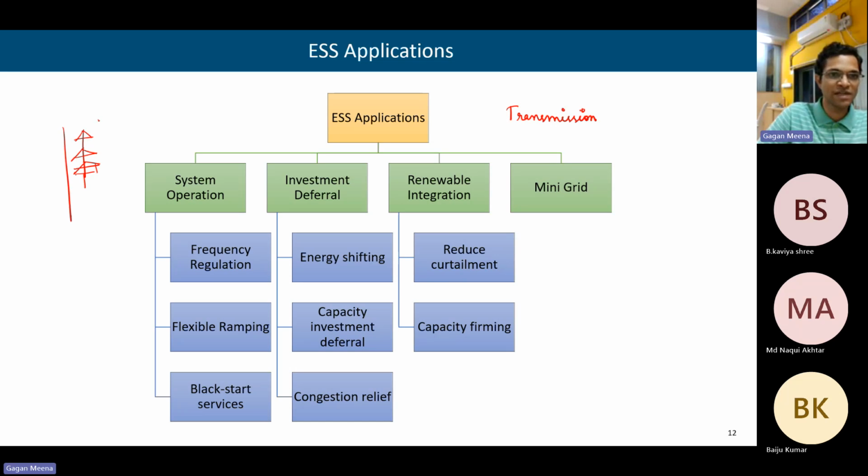Then on both sides of this transmission line, this much land is required. This is called right of way. Because the PGCL needs to purchase that land for erecting the transmission line, and then construction of the transmission line also takes time.